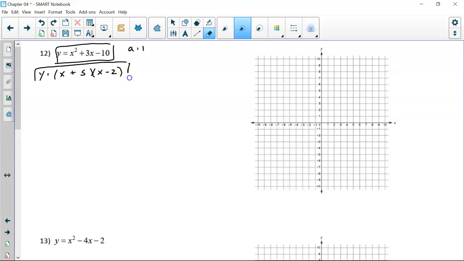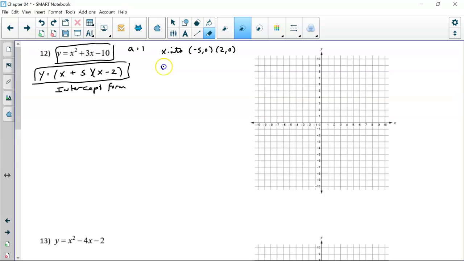So there is our equation in intercept form. So our x-intercepts are (-5, 0) and (2, 0).